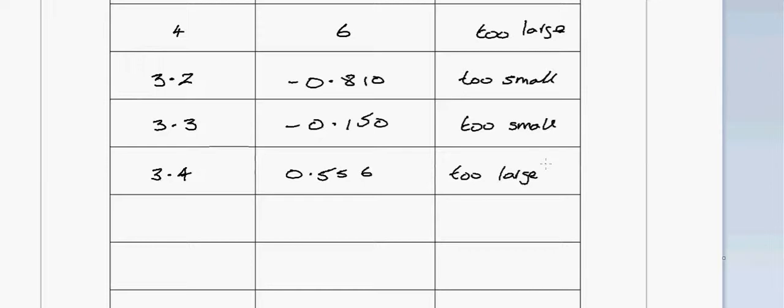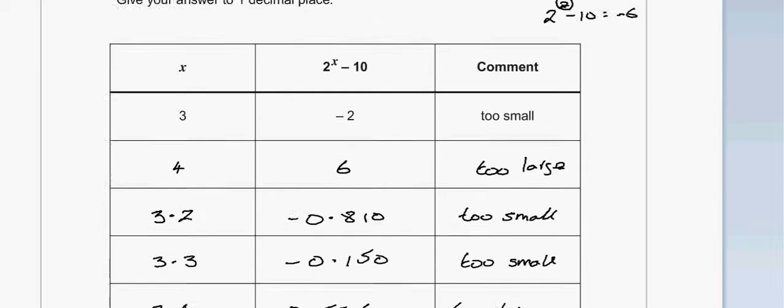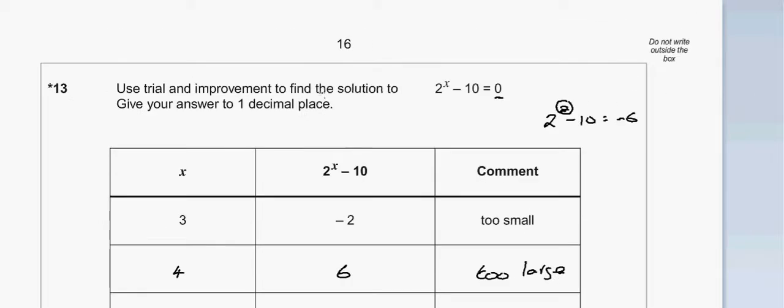So 3.4 is too large by about 0.5. 3.3 is too small by only about 0.15. Now it says use trial and improvement to find the solution to this.